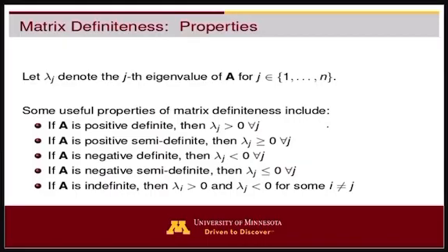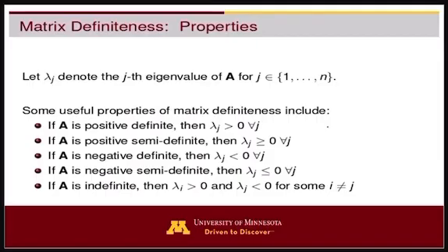Now, if lambda j denotes the jth eigenvalue of A, some useful properties of matrix definiteness: when A is positive definite or negative definite, it has an implication on the eigenvalues.